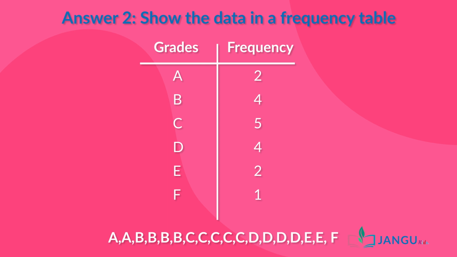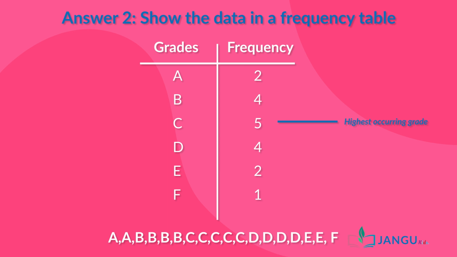Now, can you interpret information from the presented data? Let's try to interpret some data. 1. We can conclude from the frequency table that the highest occurring grade is C because it has a frequency of 4, which is higher than any other grade's frequency. 2.